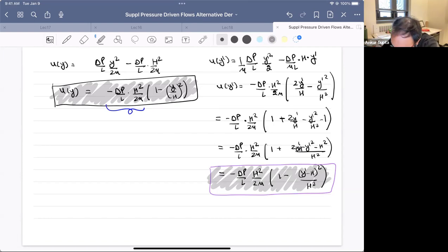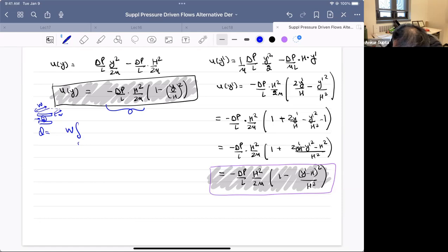Okay. So now let's also do a calculation of flow rate. To calculate flow rate, we know Q is equal to W times, and remember, width was the distance into the plane. So this was W, the width into the plane.